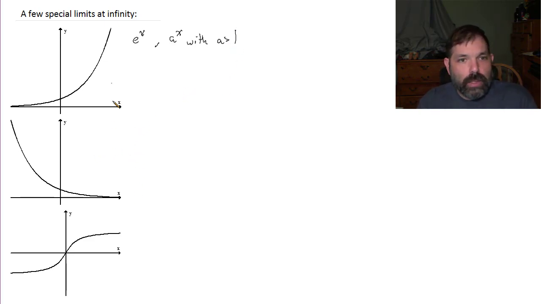All right, and so what I see from this is that the limit as x approaches negative infinity of e to the x is 0. I have this e to the x, I'm moving far to the left, the limit approaches 0. However, the limit as x approaches positive infinity of e to the x is infinite.